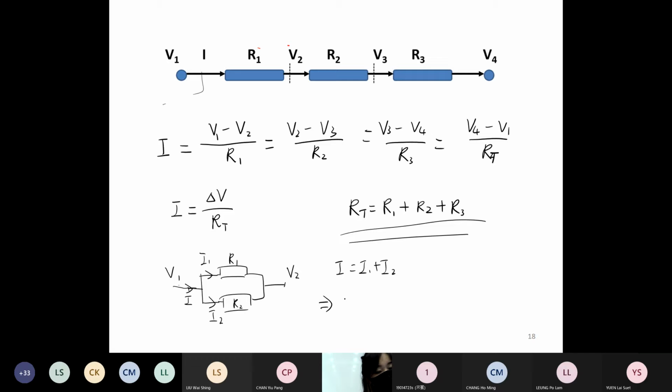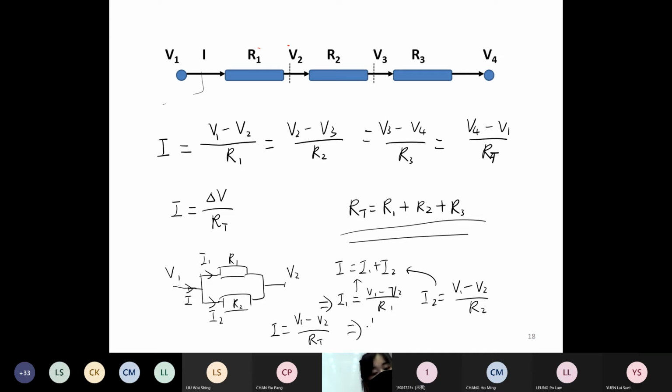So I1 equals V1 minus V2 over R1, I2 equals V1 minus V2 over R2. Plug it into this equation. What is I? V1 minus V2 over the total, right?